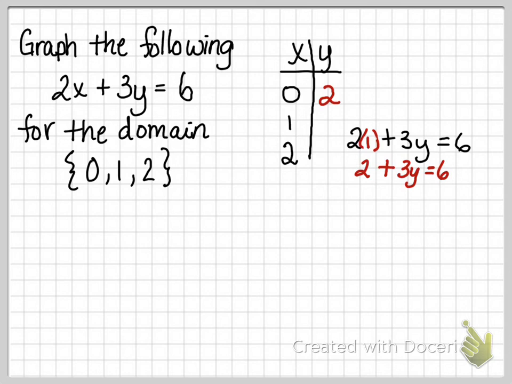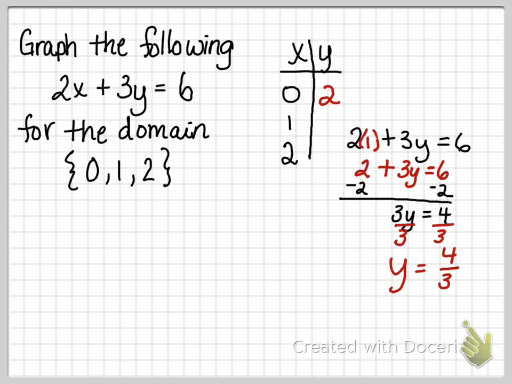I'm going to need to subtract 2 from both sides. 3y equals 4. I'm going to divide both sides by 3, and y equals 4 over 3. So I'm going to come up here and put 4 over 3. Now, we don't normally get fractions, but that's okay. We can deal with them.